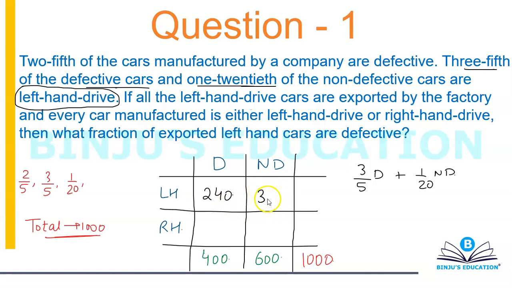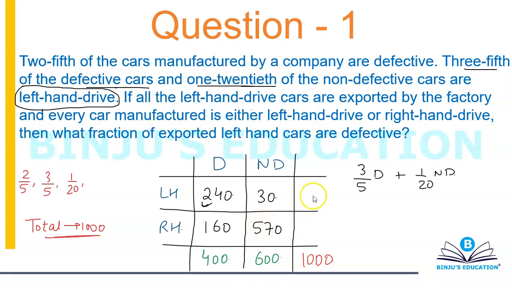This will be 30. Now if this is 240 and the total is 400, that means defective and right hand will be 160, because when you talk about defective, there are only two possibilities: defective left hand, defective right hand. If defective left hand is 240, then defective right hand will be 160. Non-defective left hand is 30, so non-defective right hand will be automatically 570.